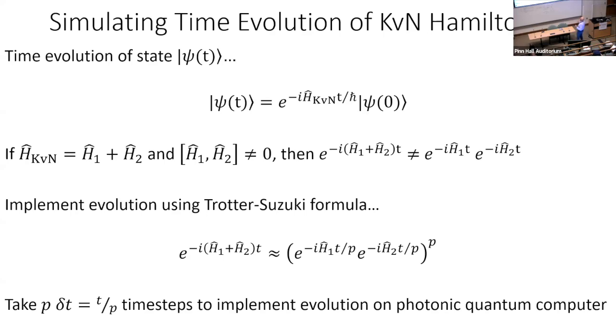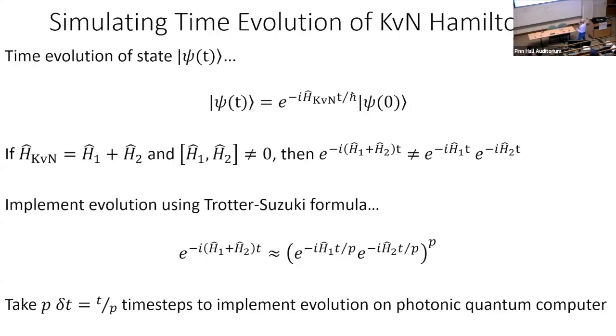However, if your full Hamiltonian is the sum, the unfortunate reality, which you'll see is often the case in our problem, is that H1 and H2 don't commute, so the full evolution is not equal to the product. So we don't know how to decompose the gates yet.